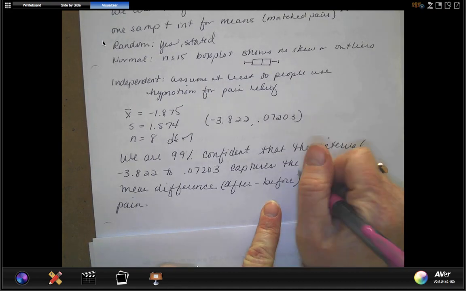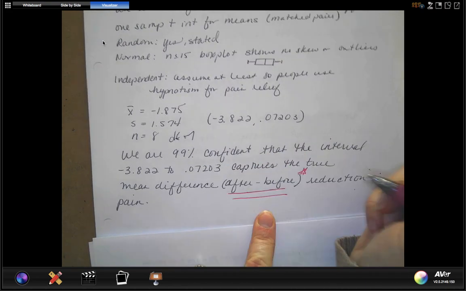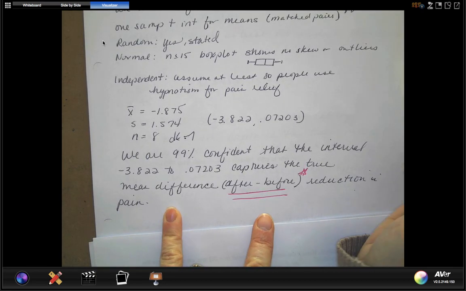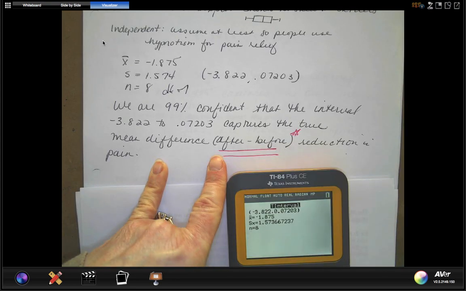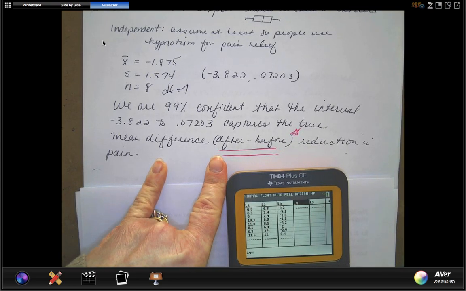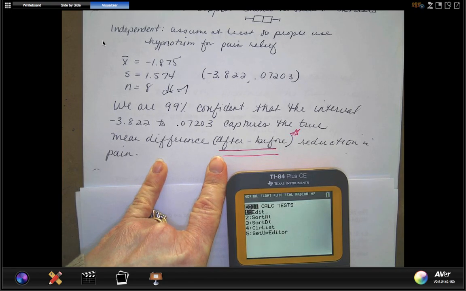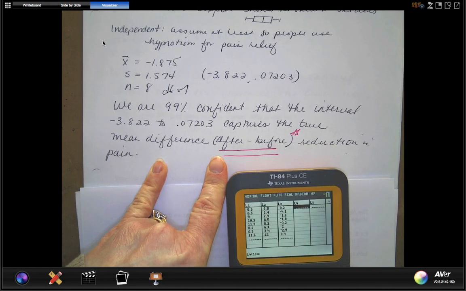Okay, this is important here. Somewhere in this problem, you need to tell me which direction you did your difference, because you could have done before minus after. If you did before minus after, let's just look here. The before is in list 1. So if I did before, oops, I'm having trouble with my keys today. If you notice here, the sign switched.